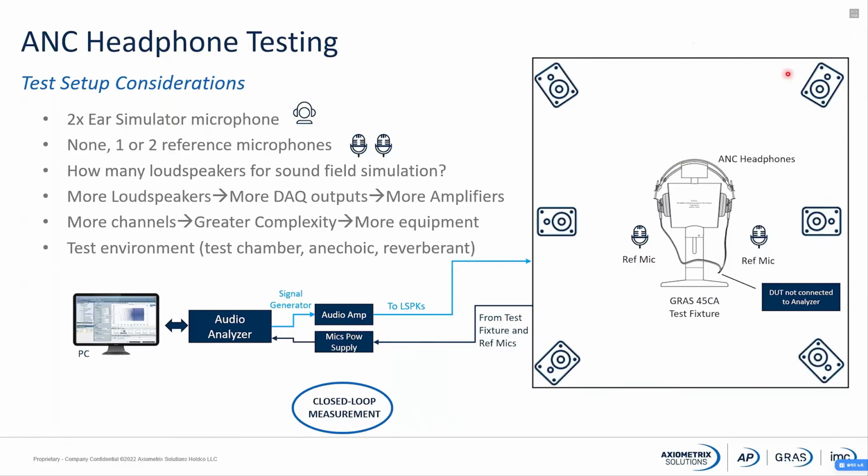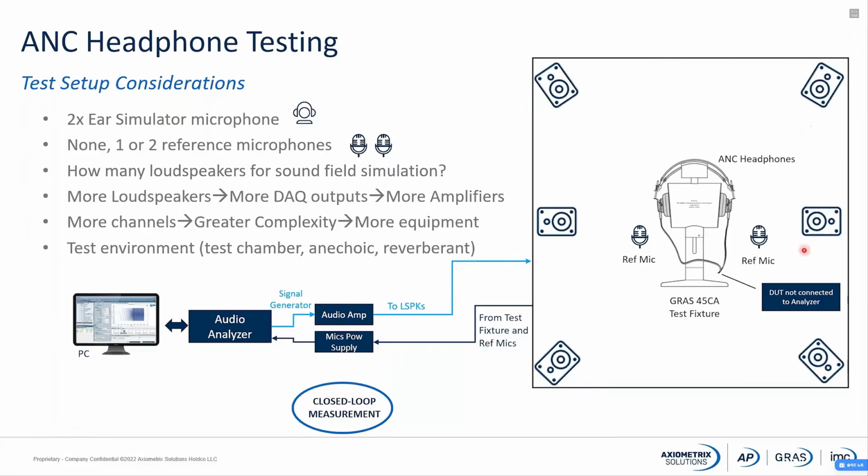But the idea is that with these loudspeakers, we create a diffuse sound field around the test fixture, and we're going to use the reference microphones to measure how diffuse the field around the fixture is, to see if we are complying with what the standard sets. The test signal that this ISO standard is recommending is pink noise.